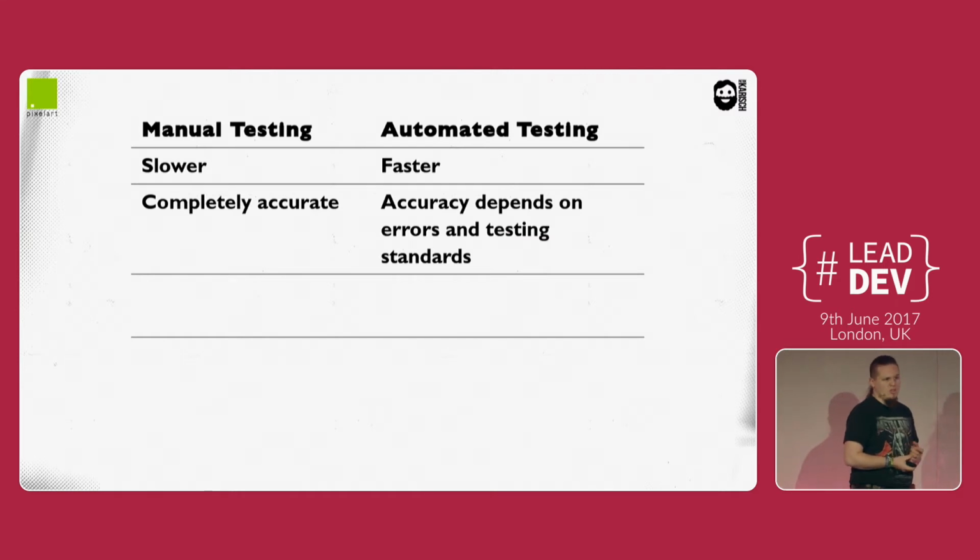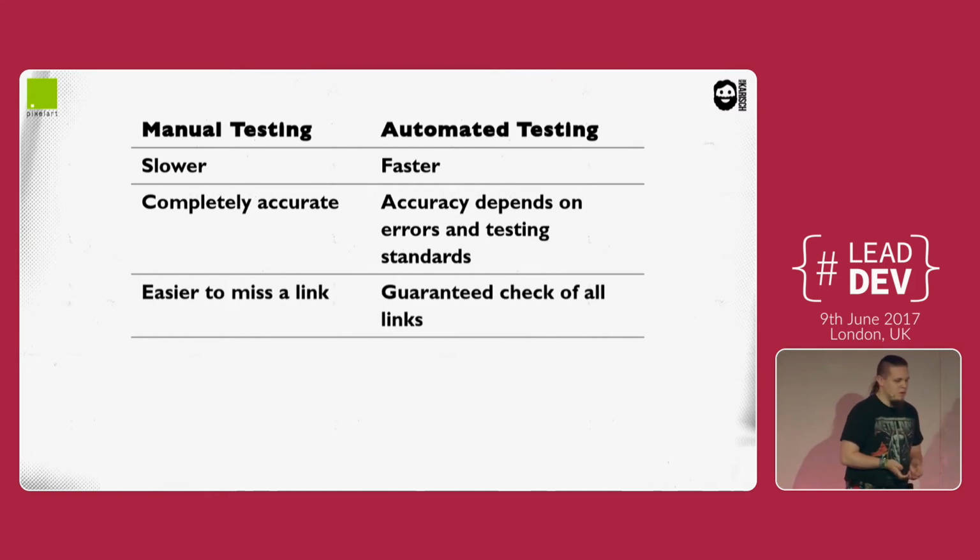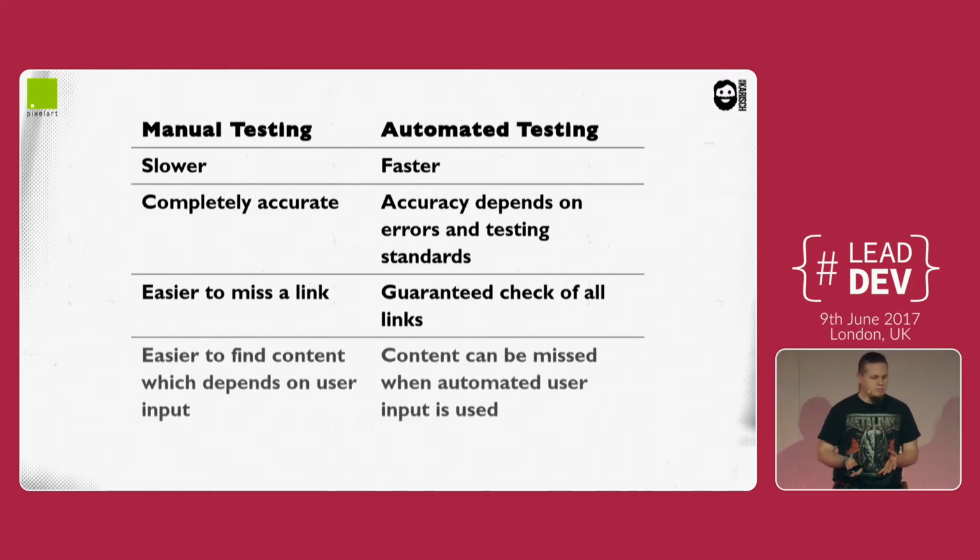You can get false positives in automation. Maybe, maybe not. And on manual testing, it's easier to miss a link. You miss your imprint, maybe not that bad, maybe bad, depends on your law. And with automated testing, you have a guaranteed check of all links as long as all your pages are crawlable.